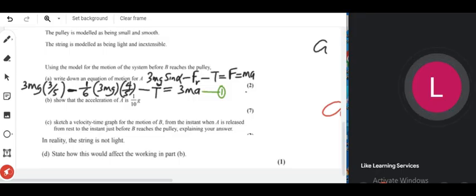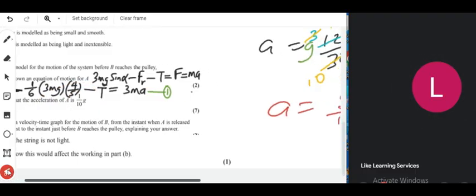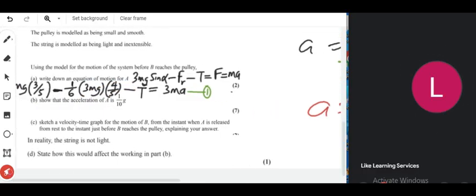Okay, we have seen that the acceleration is 1 over 10g and it's a constant acceleration. So the graph is going to look like this.